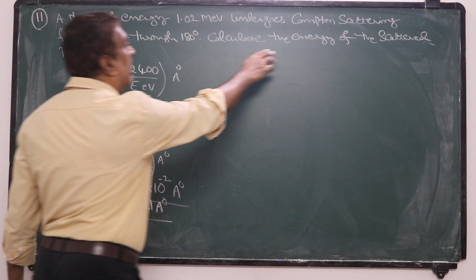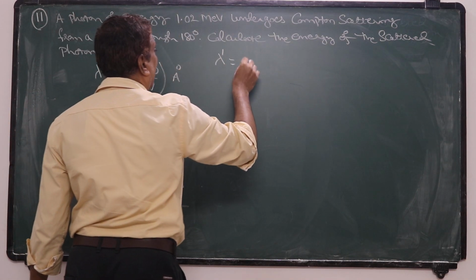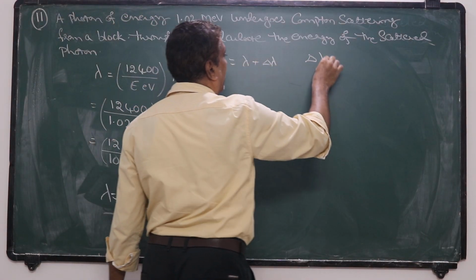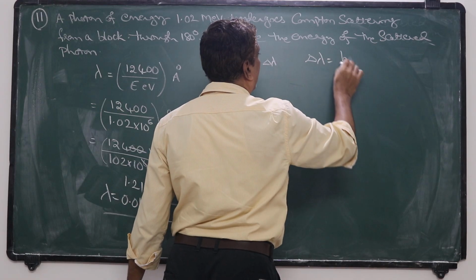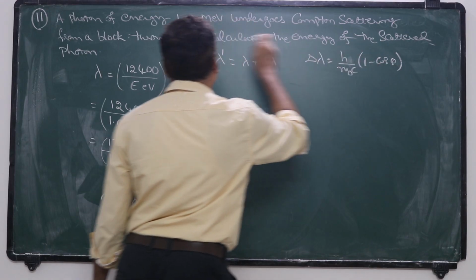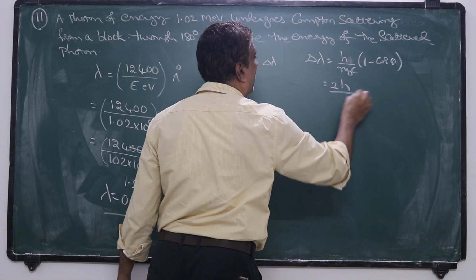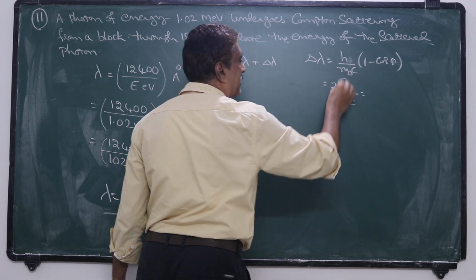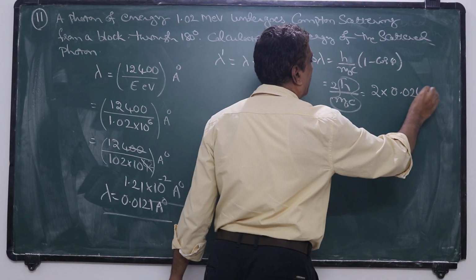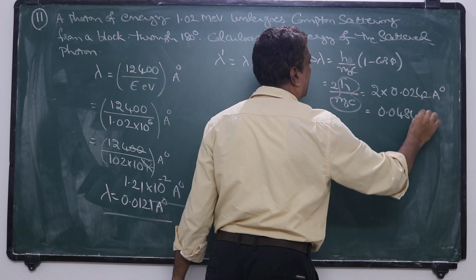Now calculate the energy of the scattered photon. That means you have to calculate lambda dash. So lambda dash is equal to lambda plus delta lambda. First we calculate delta lambda is h by m naught c into (1 minus cos phi). As phi is given as 180, this term becomes 2, that is 2h by m naught c. That is 2 into 0.0242 Armstrong, that is 0.0484 Armstrong.